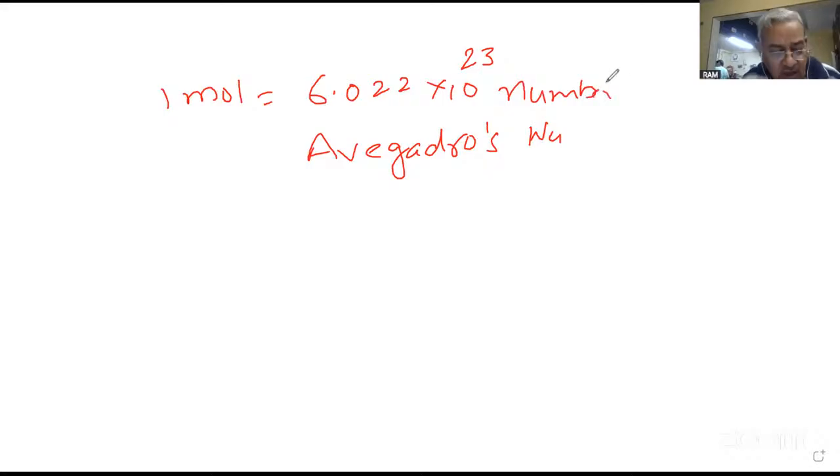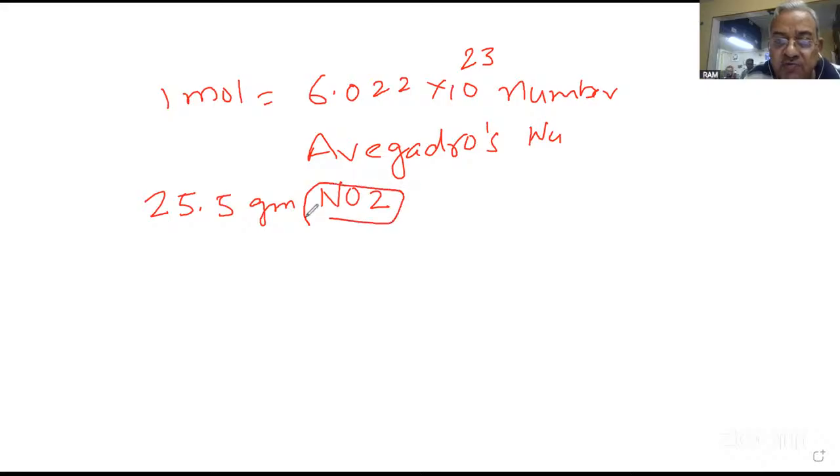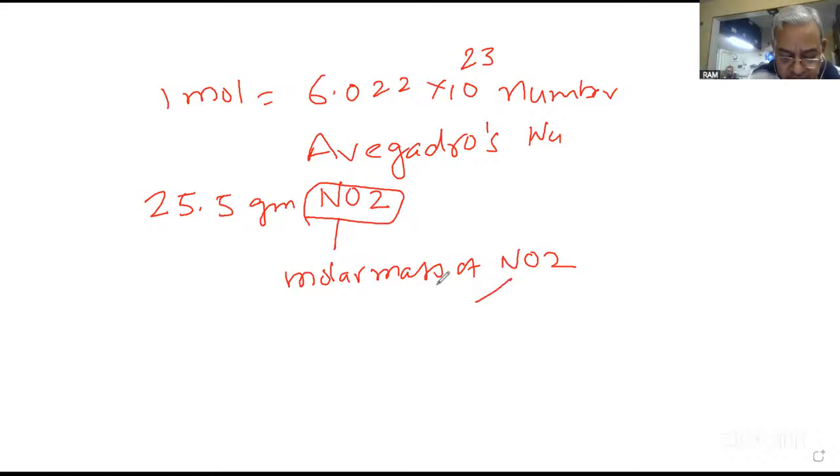So now what he is asking: suppose I am having 25.5 gram of NO2. So 1 mole of NO2 will be how much weight? First we have to get the molar mass. Molar mass of NO2. N will be having how much? 14, right?